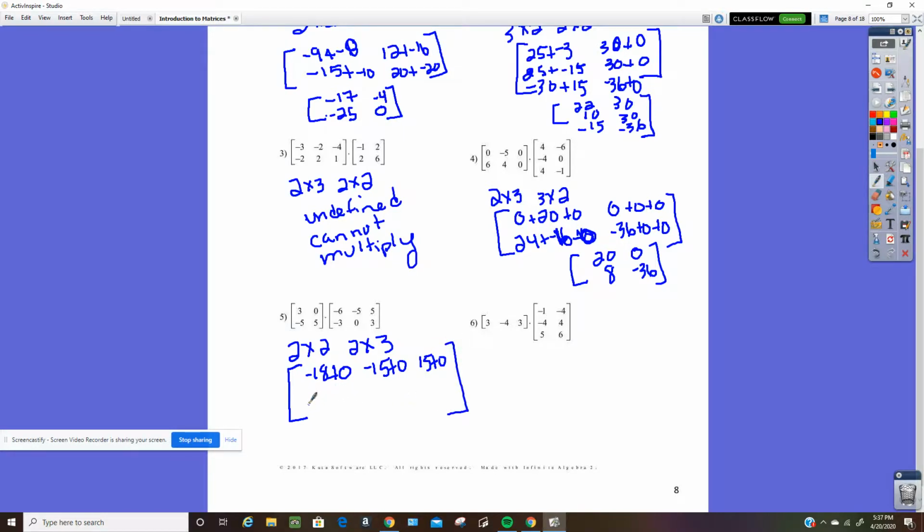And then the next row, 30 plus negative 15, 25 plus 0, and negative 25 plus 15.